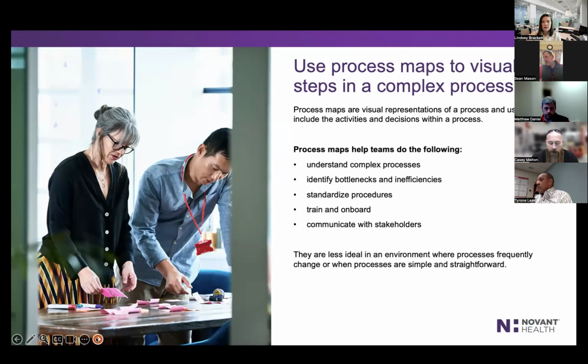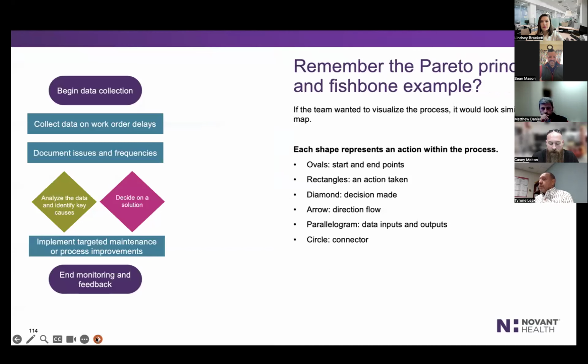Okay. As we go through, remember the Pareto principles and fishbone examples. We're now taking this to the next step. And primarily what we're looking at here is we're using flow charts and a lot of other tools that are available to us to take on these initiatives. So to the left side, you just see some of the diagrams, the shapes and things, and that is used through flow charts and everything.